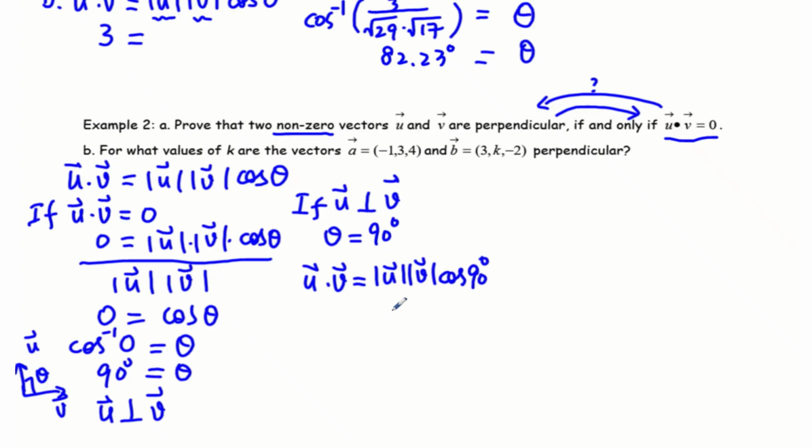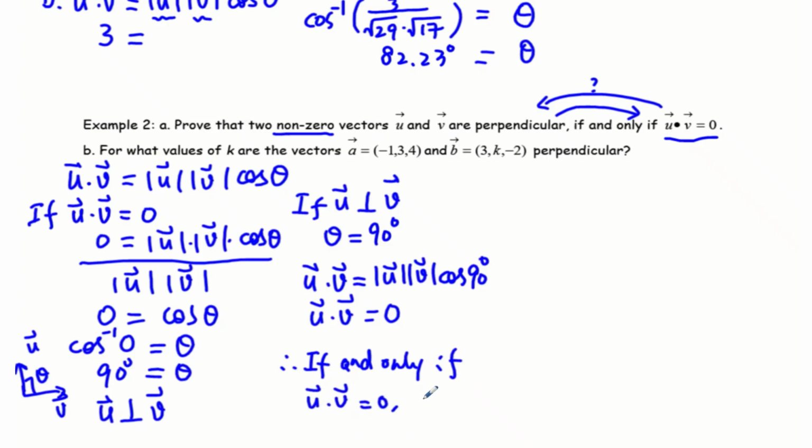Then cosine 90 gives us 0, 0 times everything gives us 0. So from perpendicular, we proved u dot v is 0. So therefore, if and only if u dot v equals 0, then u is perpendicular to v.